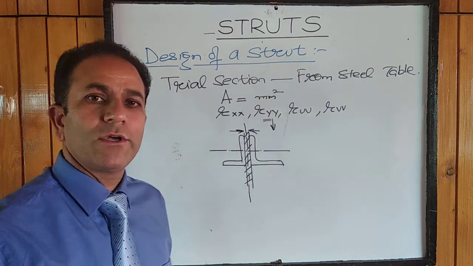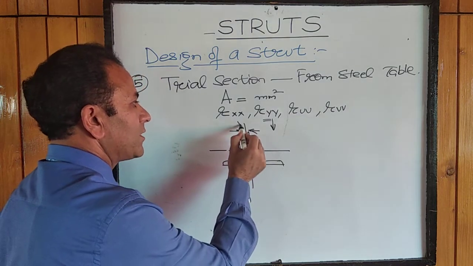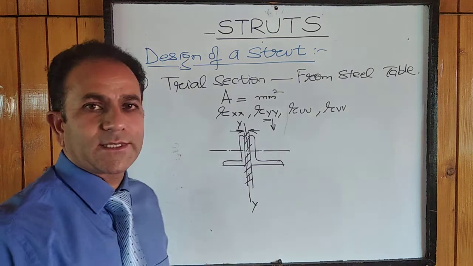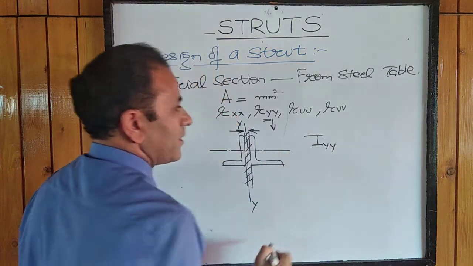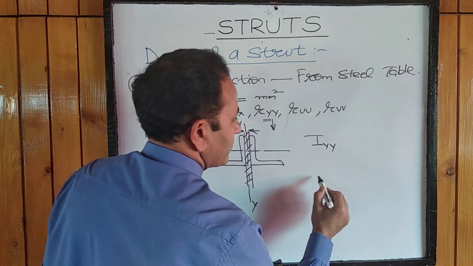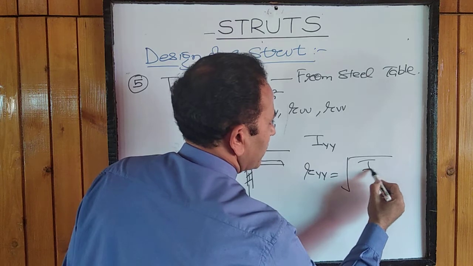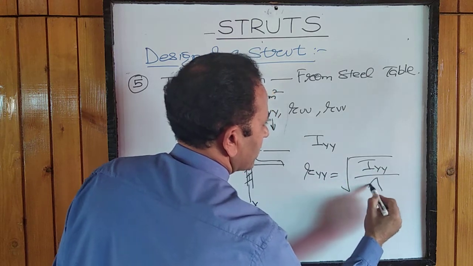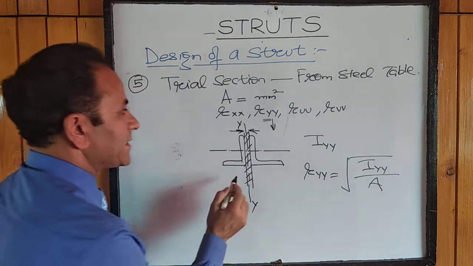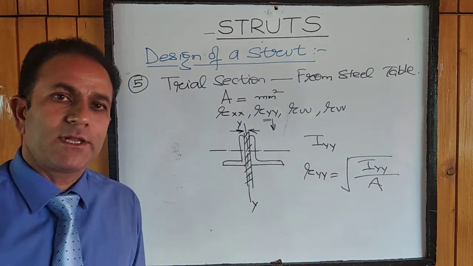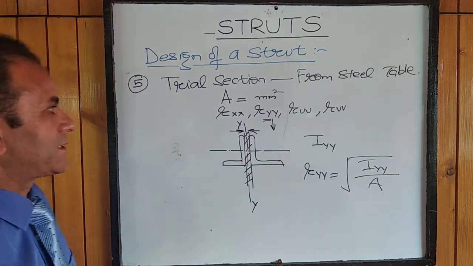We'll have to go to first principles and calculate ryy corresponding to this axis. For that, we may have to find out Iyy. Then we'll find out ryy as the square root of Iyy divided by the gross area of the member. So for Iyy we have to look at the thickness of the gusset plate. If it is available in the steel table, only then can we take it directly. Otherwise, we'll have to go by the basics.